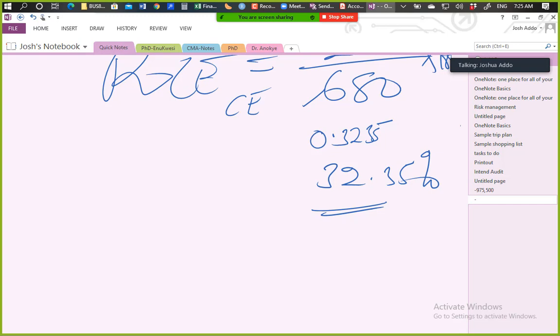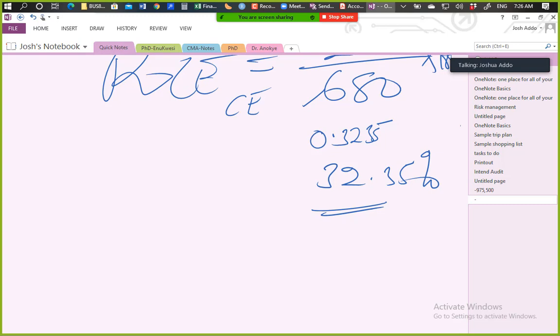So you calculate ROCE for this one and ROCE for the other one, and then you may want to judge which company is doing better in terms of the returns on the employment of its assets. You could also be given industry averages for the ratios, including the ROCE. To be a good company, at least you should be an average company in the industry. Of course, to do well, you have to be doing above the average.